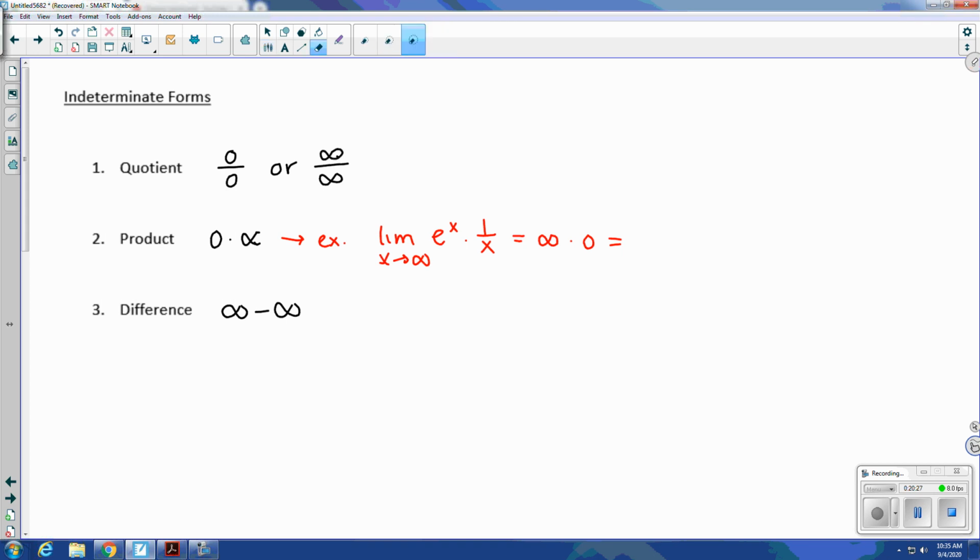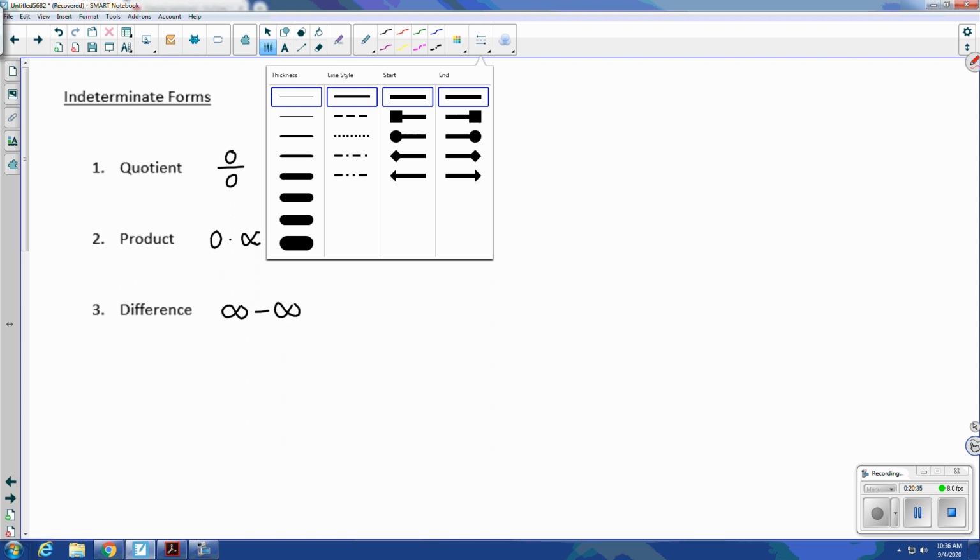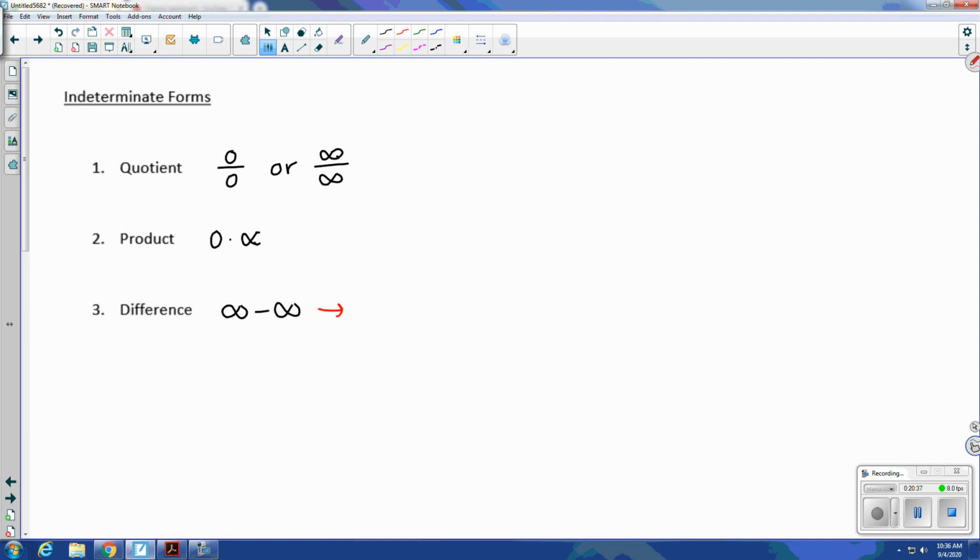And then lastly, let's look at the difference. So example, let's say we have the limit as x approaches infinity. Actually, we'll just do positive infinity because I want to throw a logarithm in there.